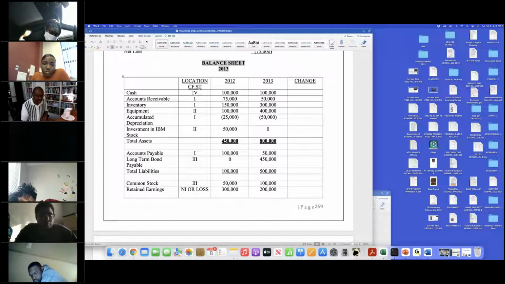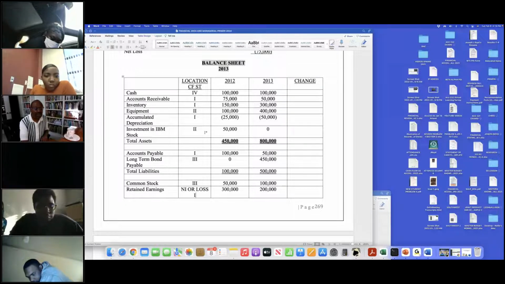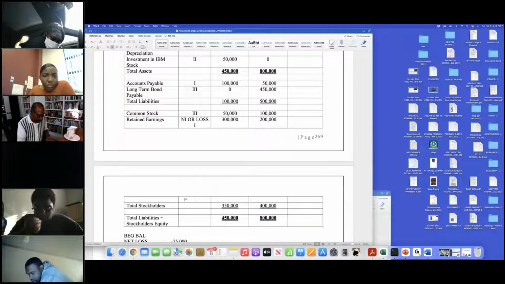Then we have the dividend component of retained earnings, and that's going to be in part three.